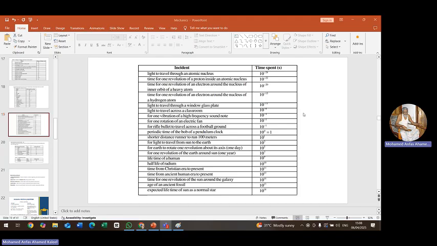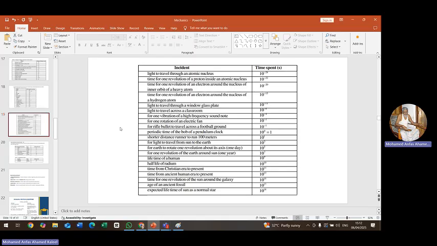The time for one revolution of an electron around the nucleus in the inner orbit of a heavy atom is 10 to the power minus 20 seconds. The revolution is that fast. The lifetime of a human is 10 to the power 9 seconds. The time from the Christian era to the present is around 10 to the power 11 seconds.